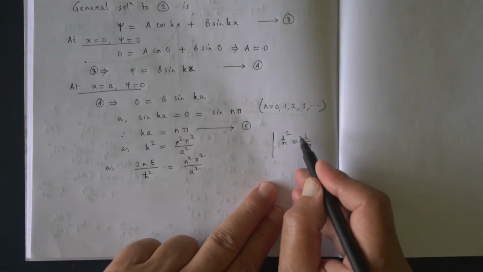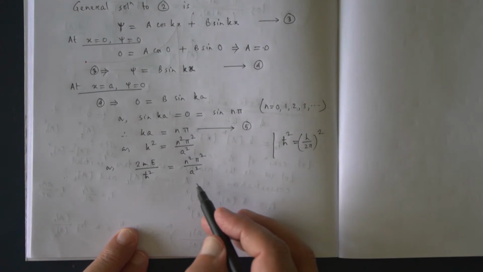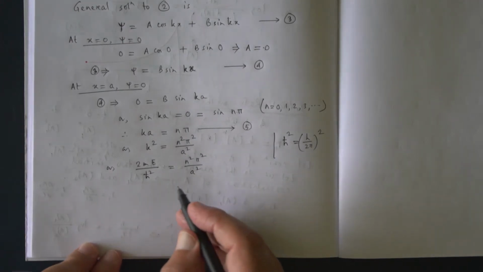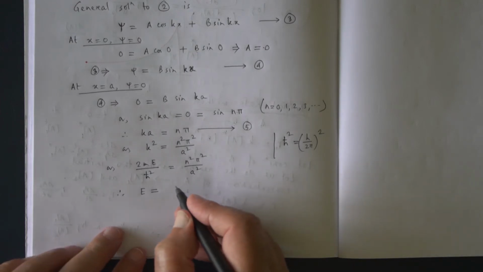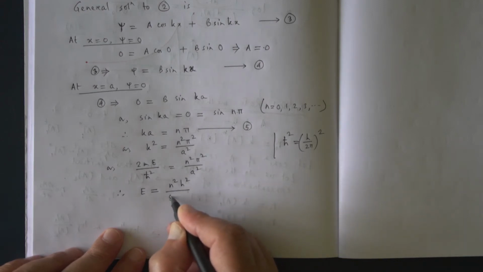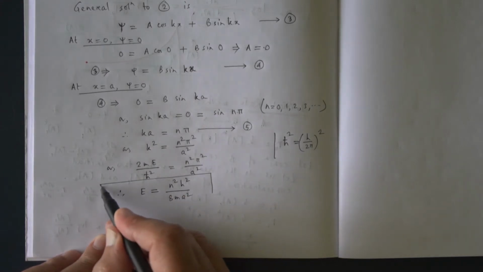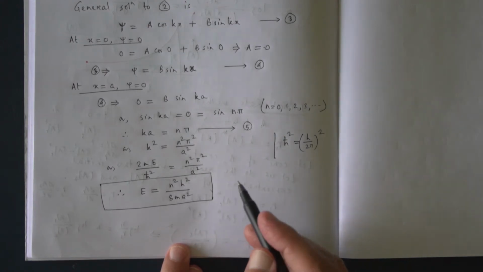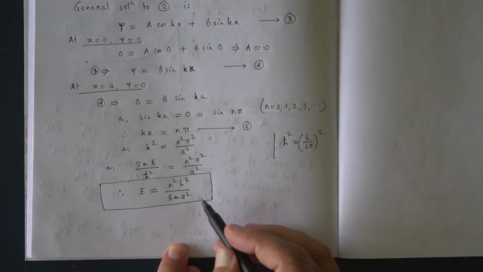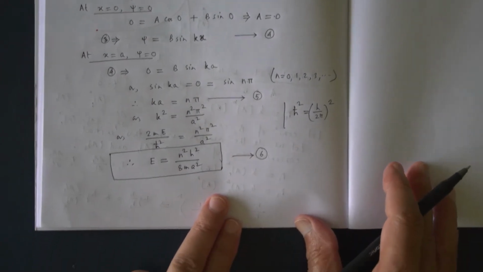So h bar square equals this square, we can replace this, and if we replace and simplify, we get that E becomes equal to n square h square by 8 m a square. This simplification you can do. No problem, very simple. Just substitute and simplify, you will get this result. This is 6.